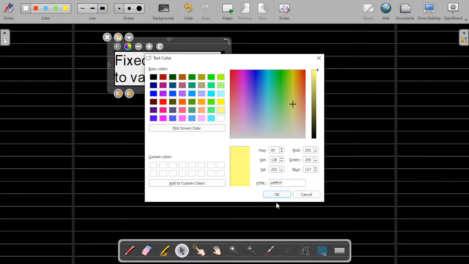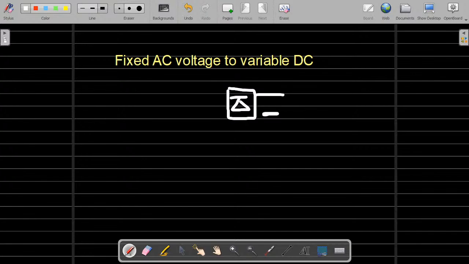So options are, you can go for a diode rectifier. So I'm just drawing it like a box. Okay, whatever, this is a half wave rectifier or full wave rectifier or whatever, but this is a rectifier made with diodes.